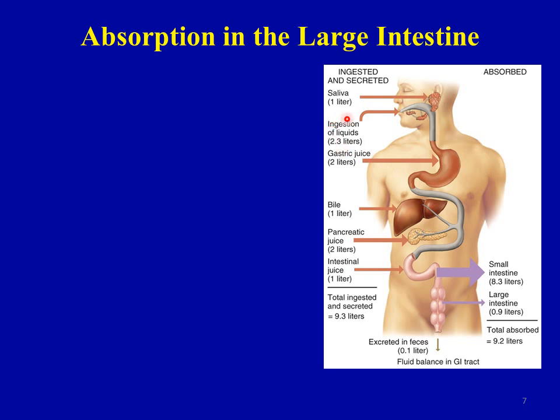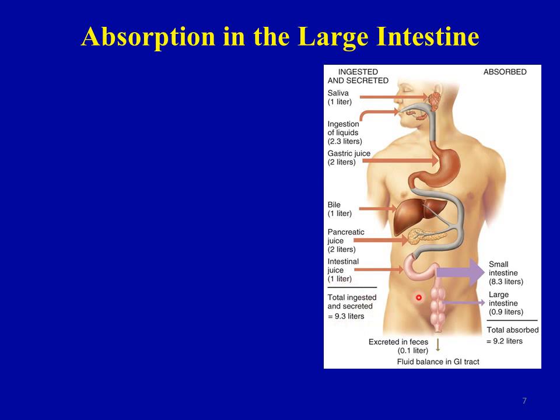We ingest about 2.3 liters of liquid, either as drinks or with the food. We have 2 liters of gastric juice, 1 liter of bile, and 2 liters of pancreatic juice, and the small intestine produces about 1 liter. So in total 9.3 liters will pass through the alimentary canal every day.